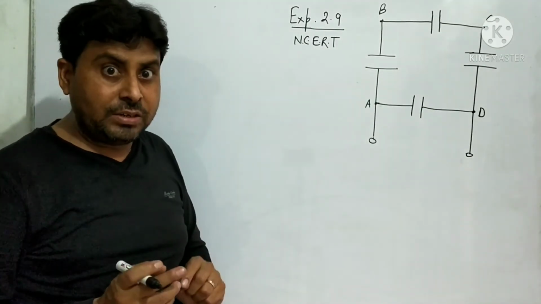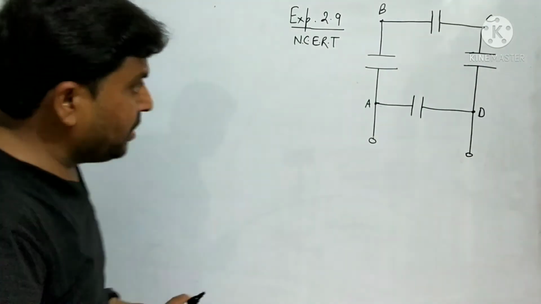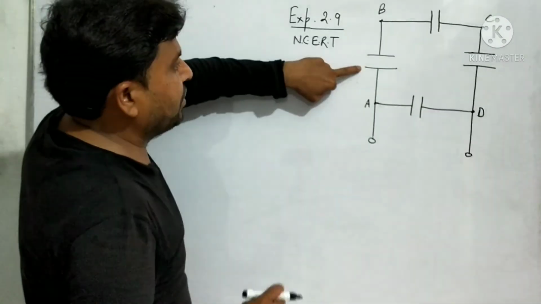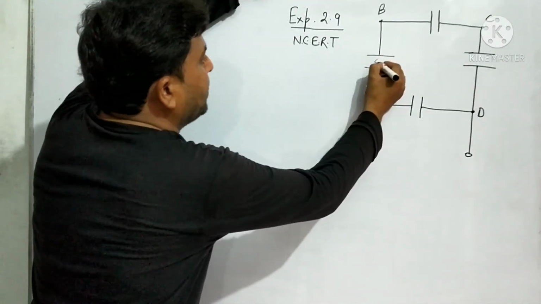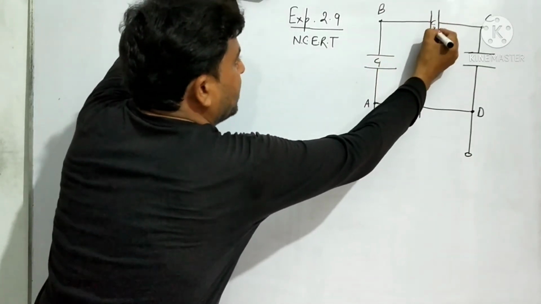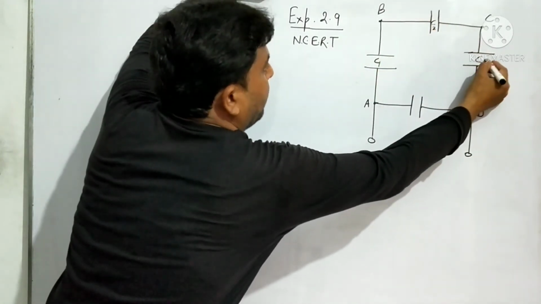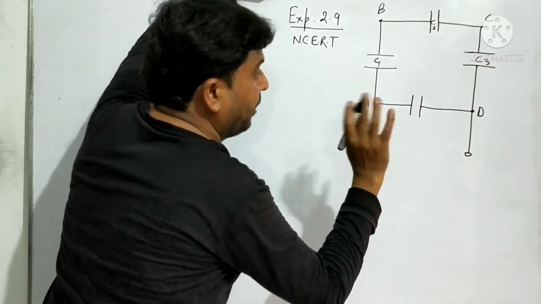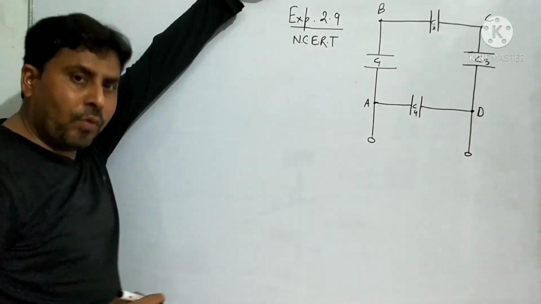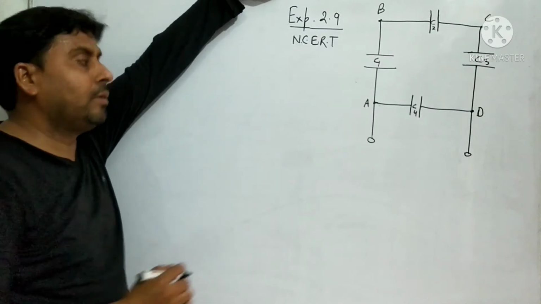So let's start. Dear students, there are 4 capacitors. First capacitor of capacitance C1, second capacitor of capacitance C2, third capacitor of capacitance C3. This is the fourth capacitor of capacitance C4. Clear?